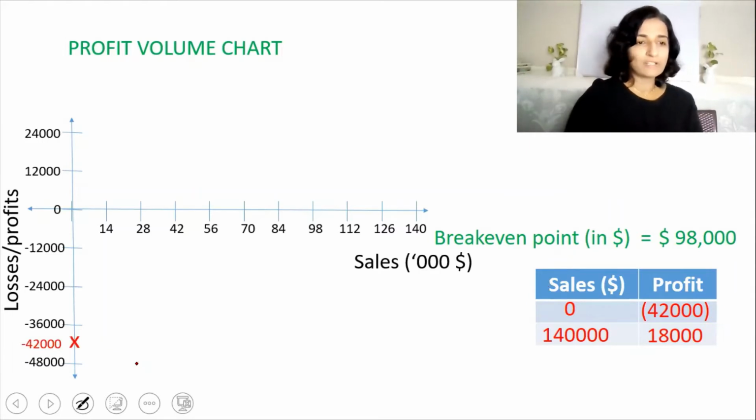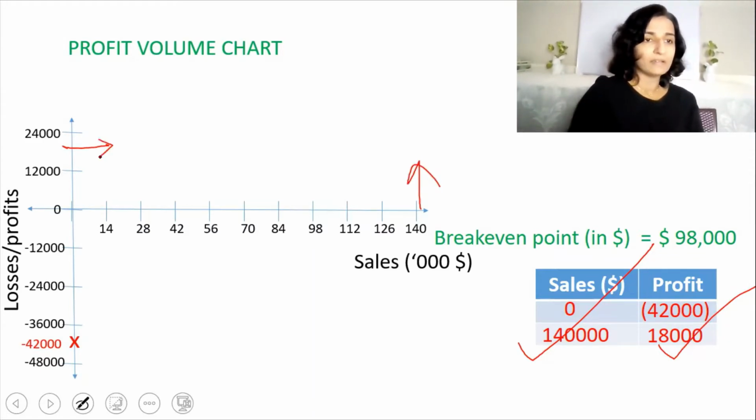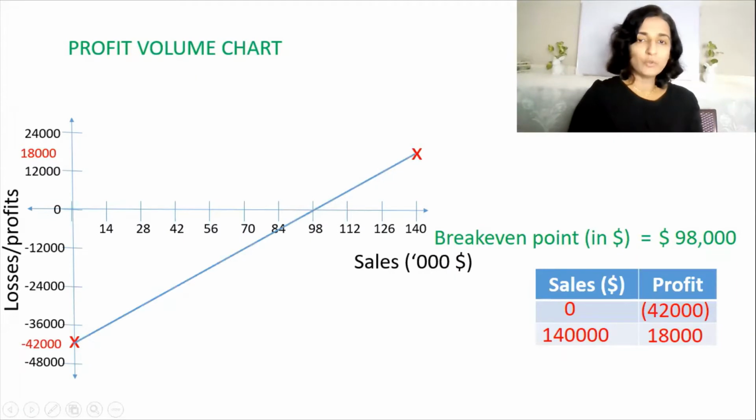The first plot is indicated by the red cross. And the next plot is when the sales is $140,000, the profit is 18,000. So $140,000 is here and 18,000 is somewhere here. So I'm marking the point 18,000. So the plot comes here. I will be joining those 2 points to get the profit line.